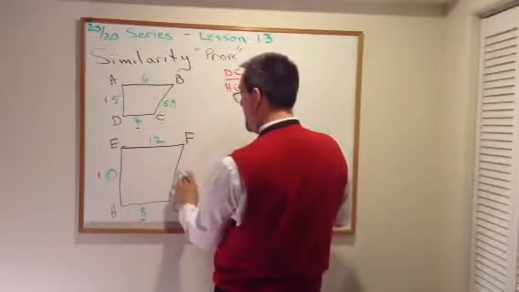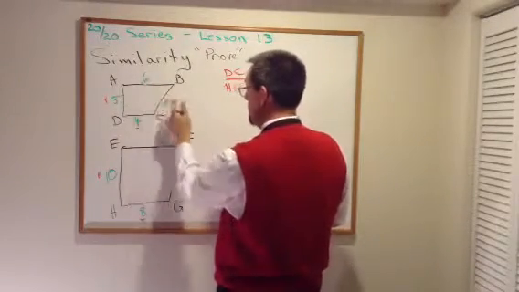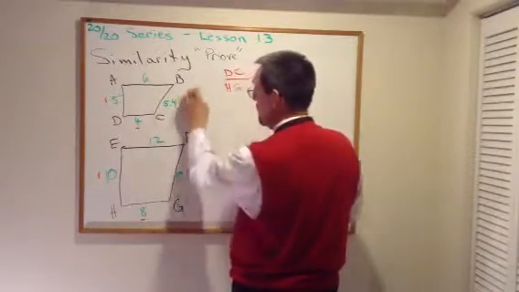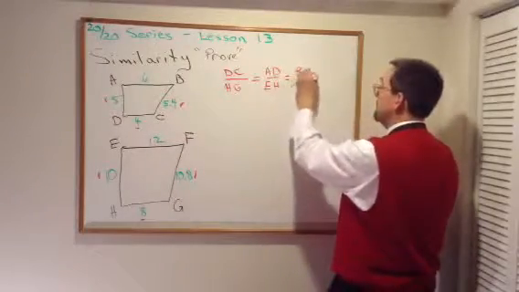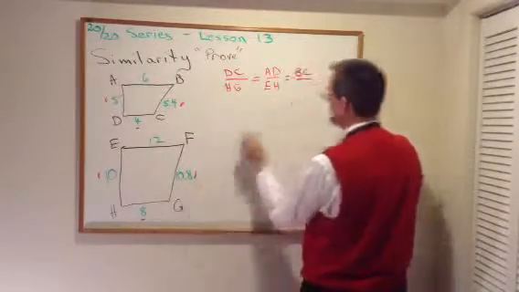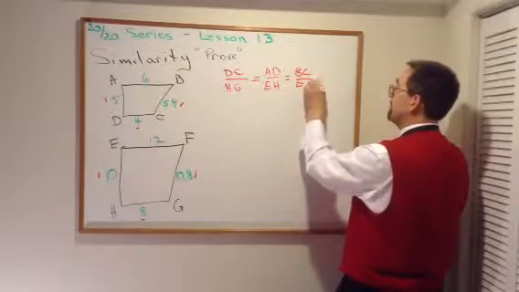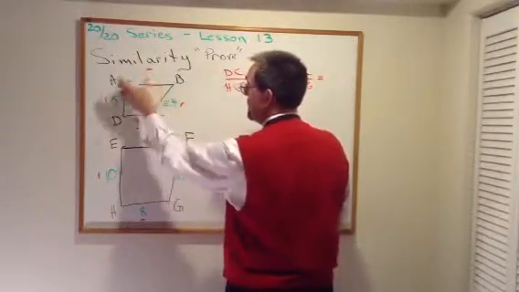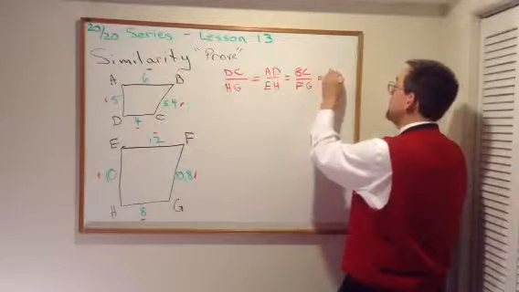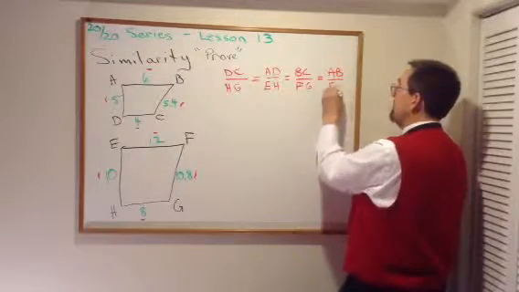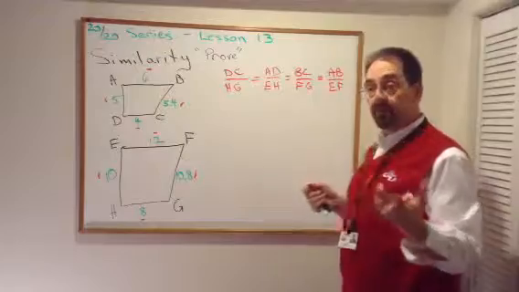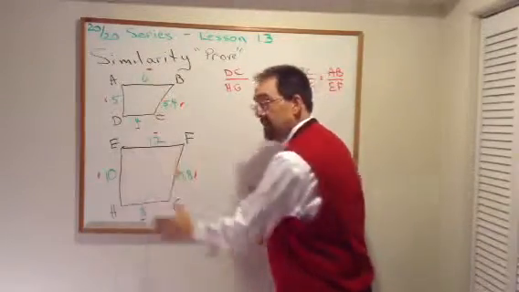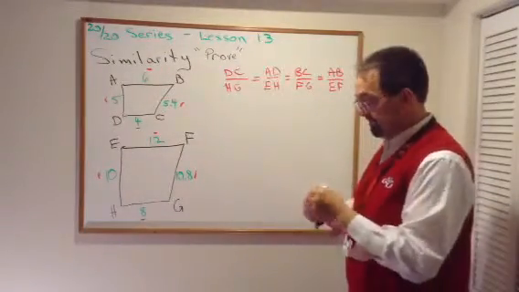Then the third side, BC to FG. And then the longest side last, AB EF. The most difficult part is to actually label all the corresponding sides.